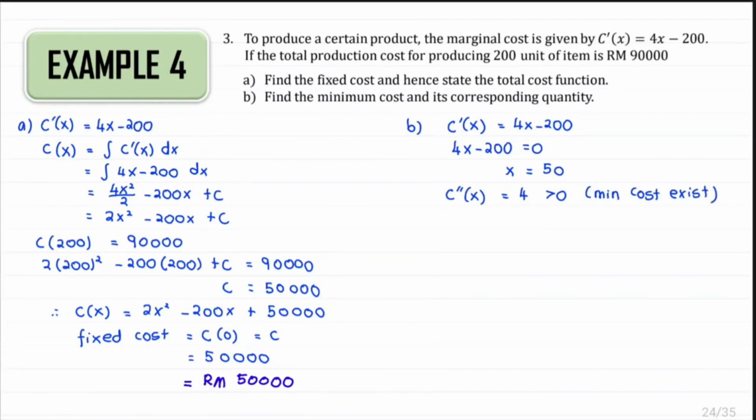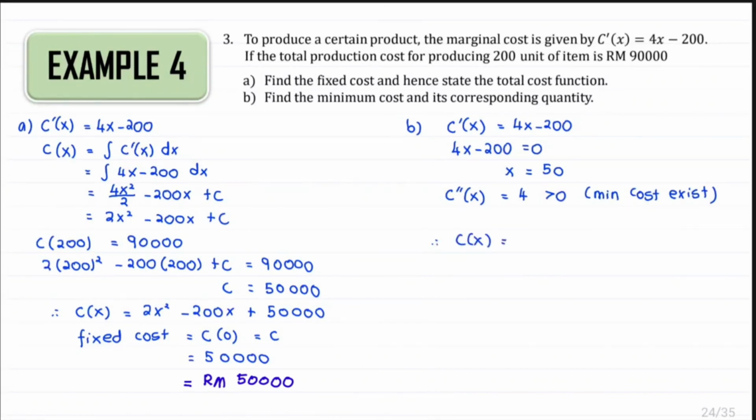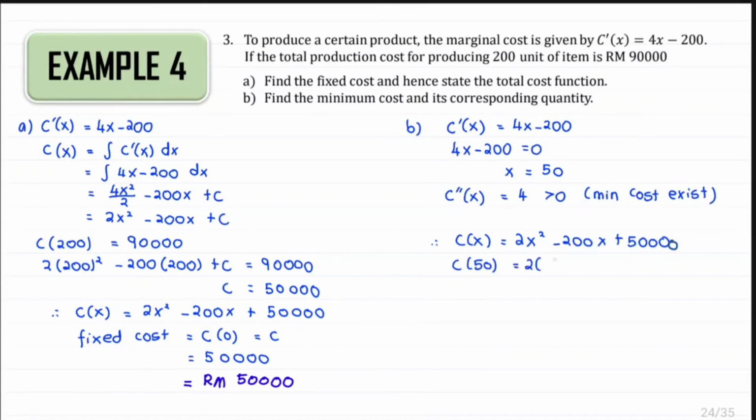Okay, then we want to find the minimum cost. We substitute x = 50 back into the cost function C(x). Our cost is 2x² − 200x + 50,000. To find the minimum cost, we substitute x = 50.